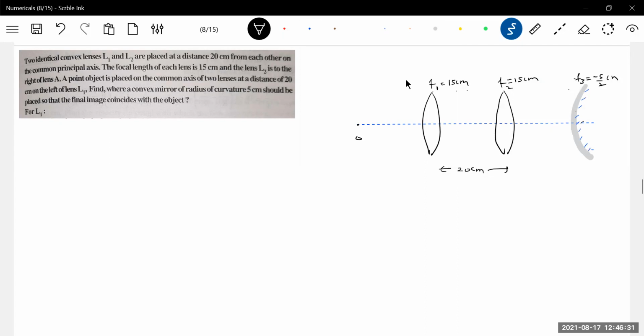Final image coincides with the object itself. 20. How come two lenses are there? It's possible.